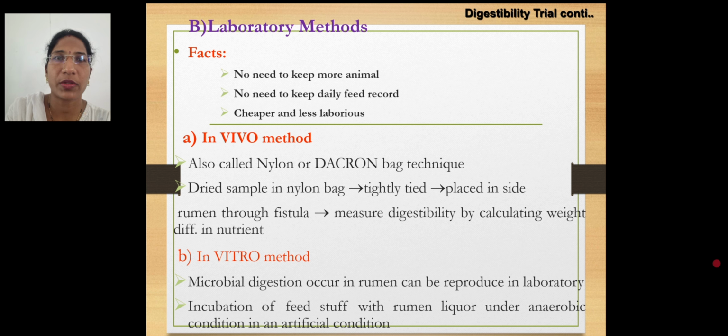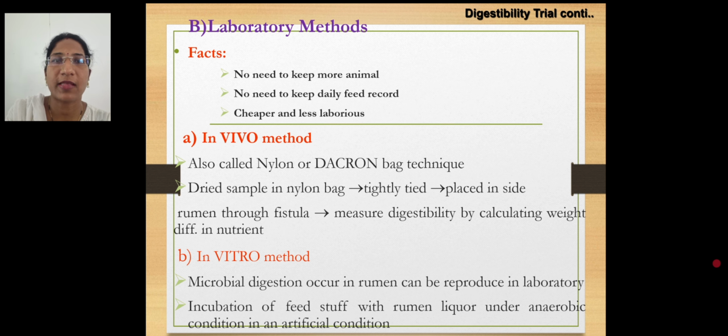Whenever we use the in vivo method, it is also called the nylon or Dacron bag technique. On this in vivo method, always one objective question is asked in your exam. The in vivo method is also called the nylon or Dacron bag technique.